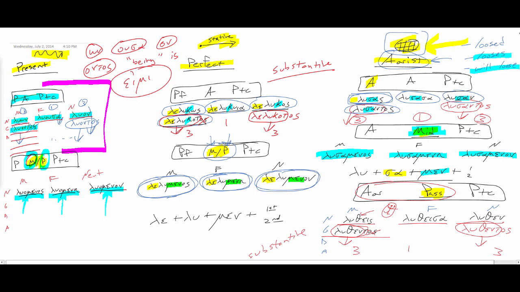We also need to note if a verb has a second aorist or a second perfect. If a word has an irregular aorist, a second aorist, or an irregular perfect, then we're going to expect its participle to build on that irregular stem, because the participle will build on the same stem.